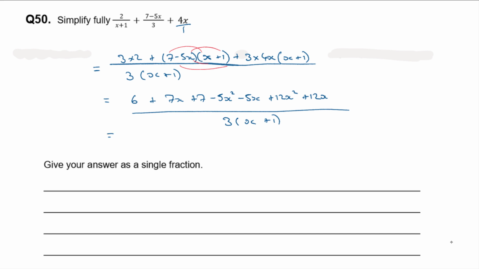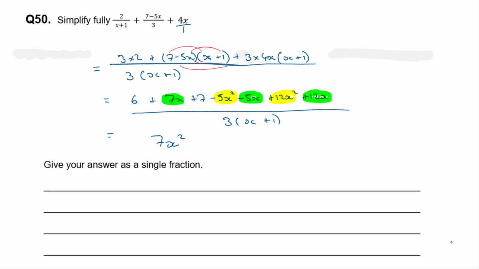Right, so what have I got now then? Let's start collecting like terms. Terms in x squared. Got a minus 5x squared and a plus 12x squared. So combining those together, that's going to give me 7x squared on the top. Then what about terms in x? I've got a 7x, I've got a minus 5x, and I've got a 12x.